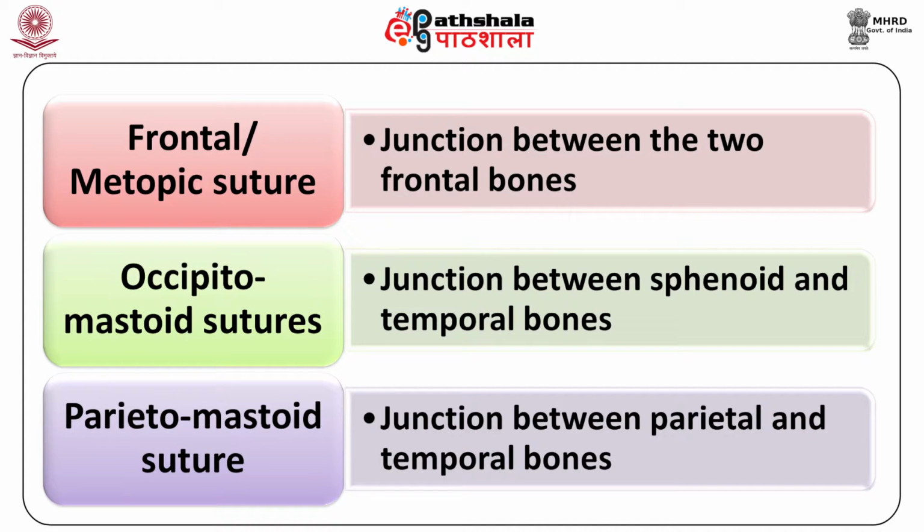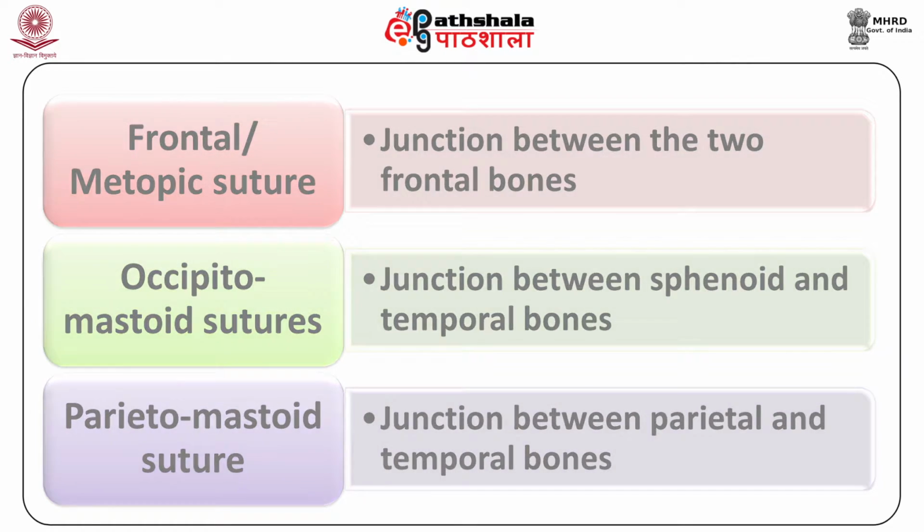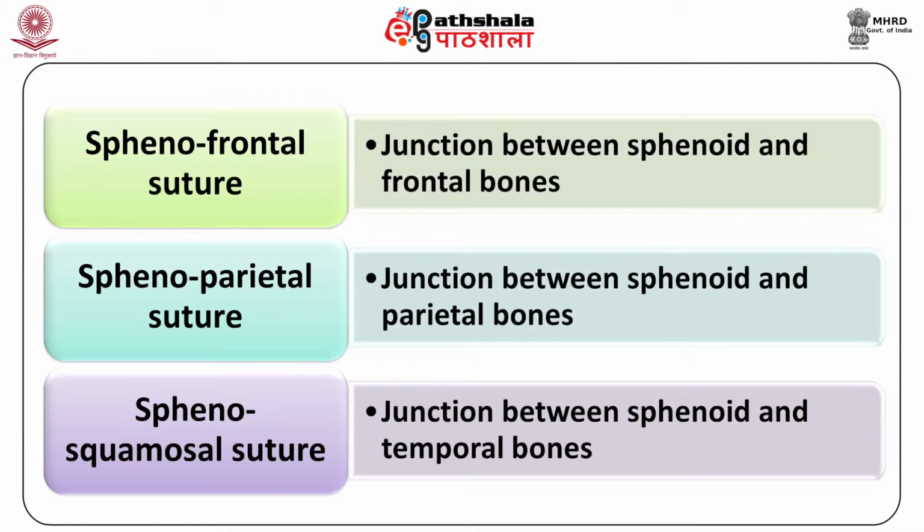Then the parietomastoid suture, junction between the parietal and temporal bones. Then the sphenofrontal suture, junction between the sphenoid and frontal bones. Then there is the sphenoparietal suture, that is the junction between the sphenoid and parietal bones. Then the sphenosquamosal suture, junction between the sphenoid and the squamous part of the temporal bone.